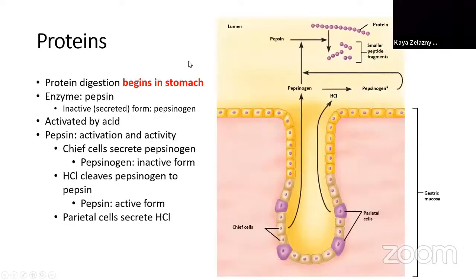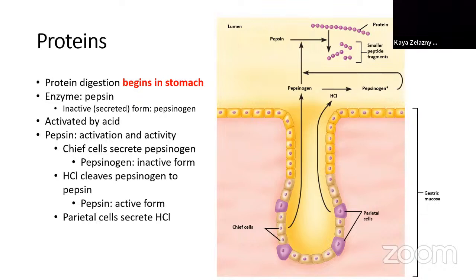We're going to think of a couple of specific examples, right? So you eat a protein, so you chew it up, so you break it down mechanically. We don't have any proteases in our saliva to start the chemical digestion yet.